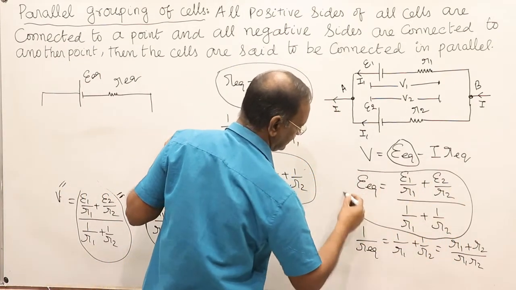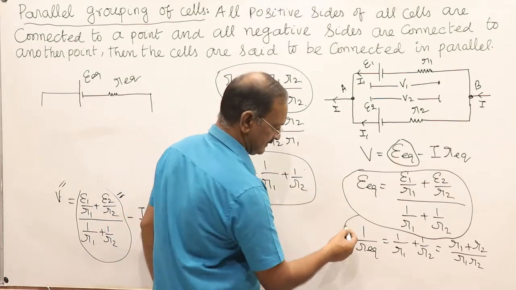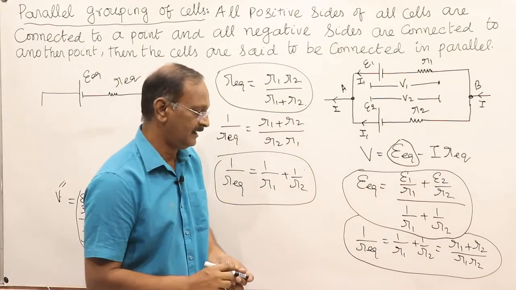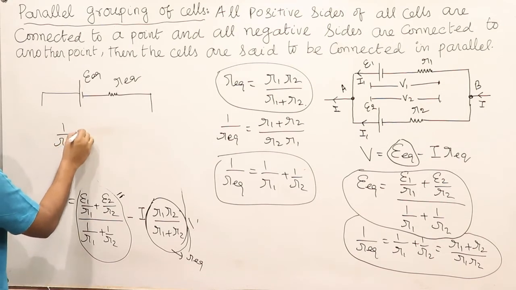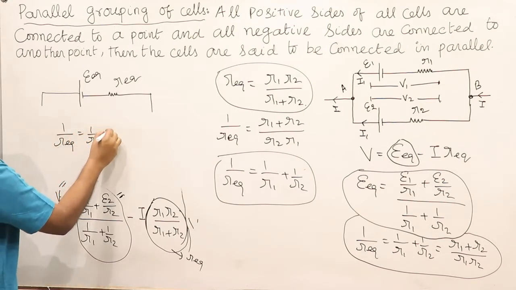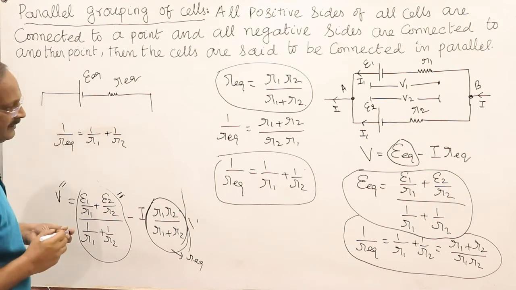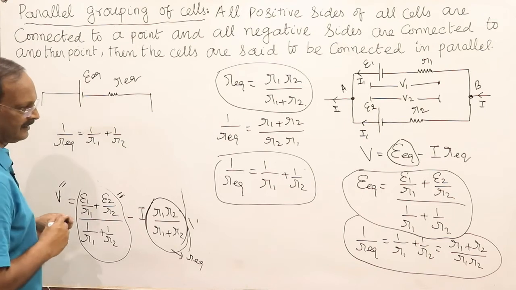This is the equivalent resistance of two cells when connected in parallel. This is 1 by R. See, never get confused. It is 1 by R equivalent. So 1 by R equivalent is equal to 1 by R1 plus 1 by R2. This is not R equivalent, it is 1 by R equivalent. So how will we find out R equivalent?